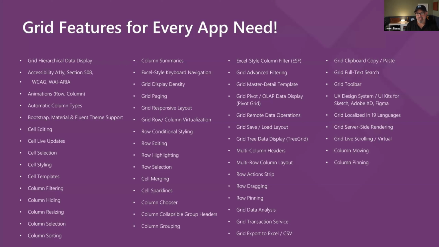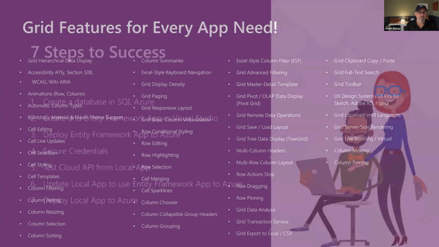There's maybe less than half a dozen things left that we need to wrap up, and we're just releasing those as we get them done after every 2-week sprint. So it's pretty exciting to see what we've done with Blazor so far. And if you haven't tried the Blazor grid, please try it. It is amazing. And of course, if you're doing Angular, React, web components, we have grids there too. But today I'm just going to show a little bit of Blazor.